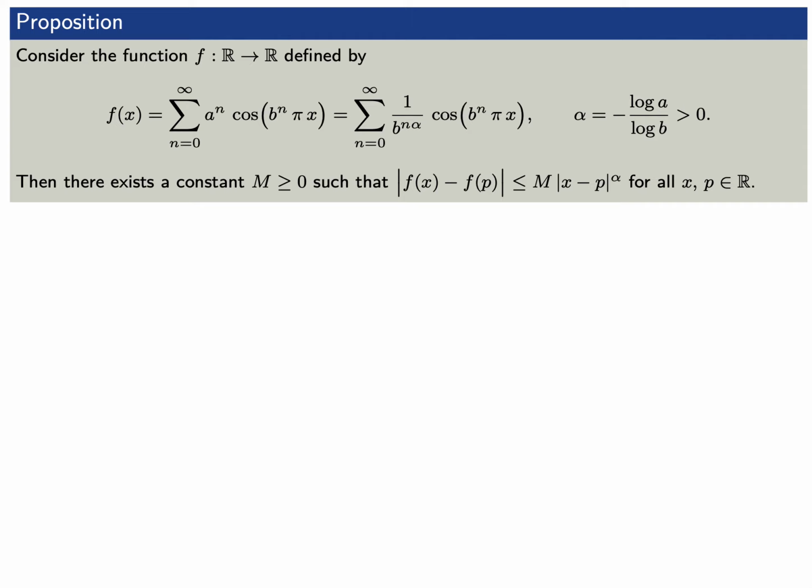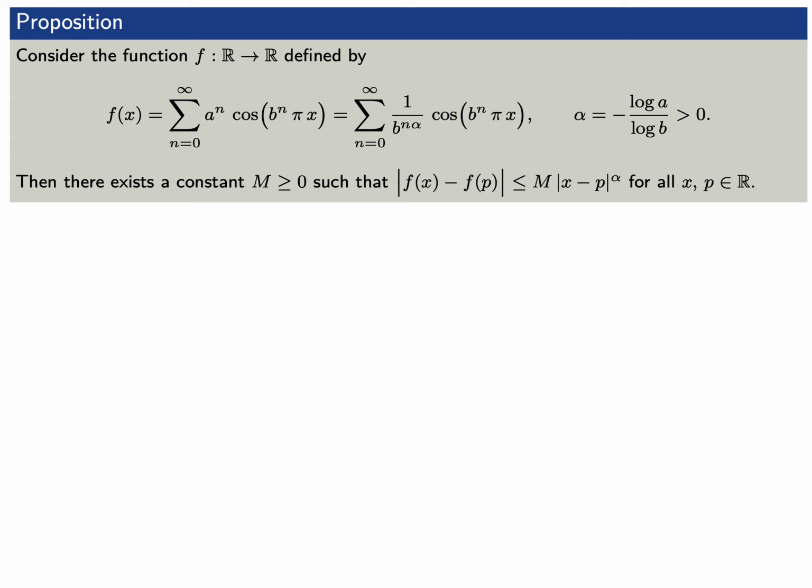Here, we'll let alpha be negative log of a over log of b. Recall that a is between 0 and 1, and b is greater than 1, so alpha here must be a positive real number. The statement is that there exists a constant m such that in absolute value, f of x minus f of p is less than or equal to m times x minus p to the alpha for all x and p in the real numbers.